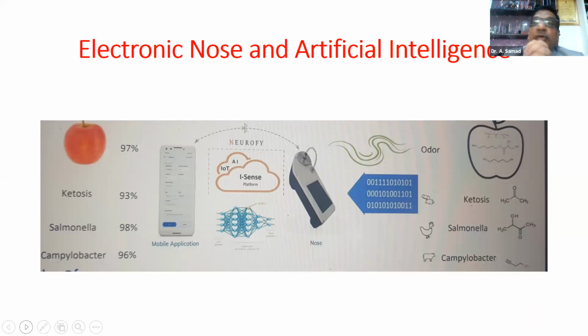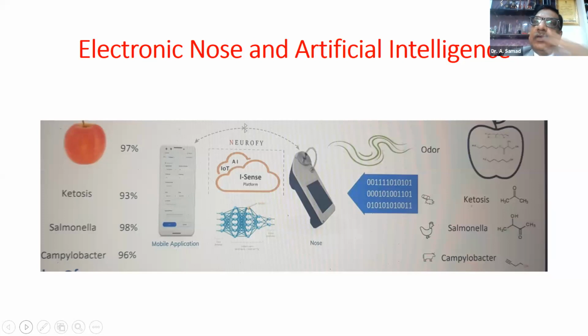This is just one more example. There is a company from Sweden which has recently developed what is called an electronic nose. With this electronic nose, it can detect a lot of volatile organic compounds which are related to metabolism. You just put this gadget as an insert or on the body, and it will keep on detecting and analyzing different kinds of organic compounds.